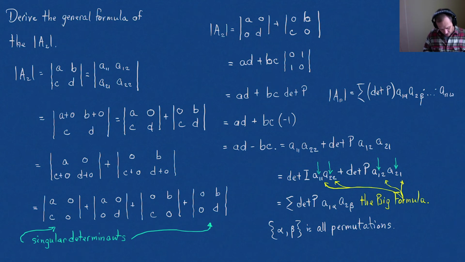And that would be where now we have the set of alpha, beta, all the way out to omega. Those are all possible permutations. And that is the big formula for some n by n matrix.